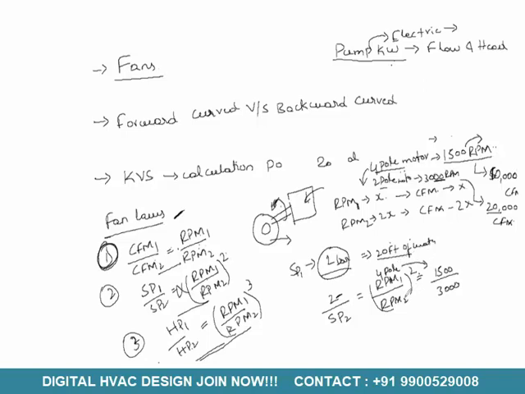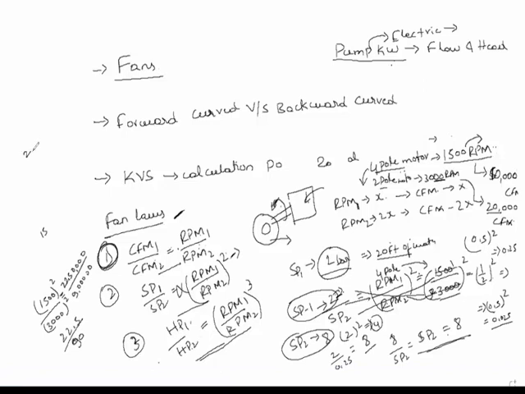And if I increase this to a 2-pole motor, then the RPM will be 3000. For this combination, what was the static pressure? Can anybody do this? 1 by 2 to the power of 4, or to the 8. This 2 HP.